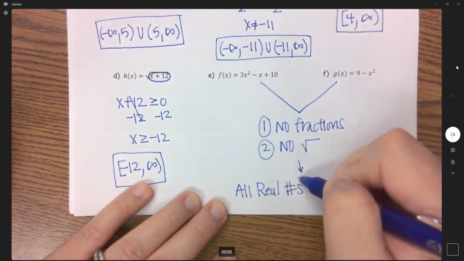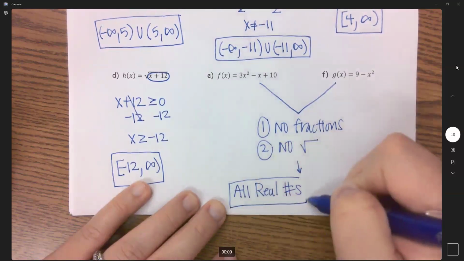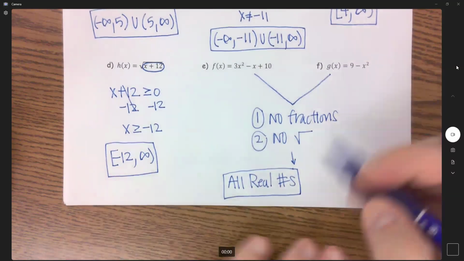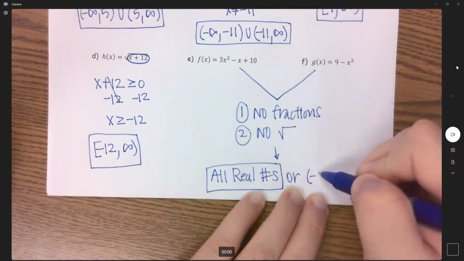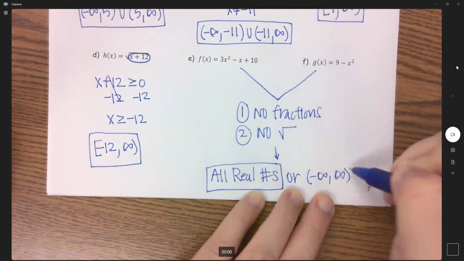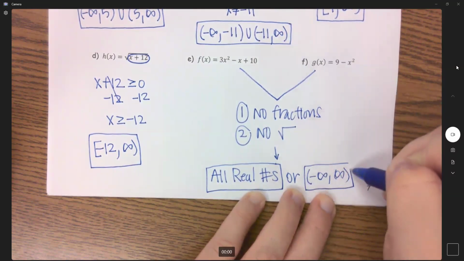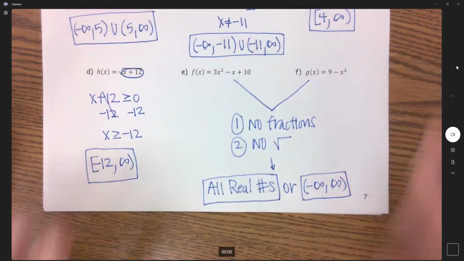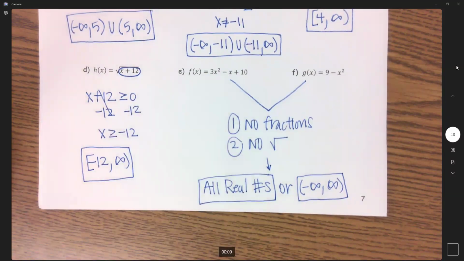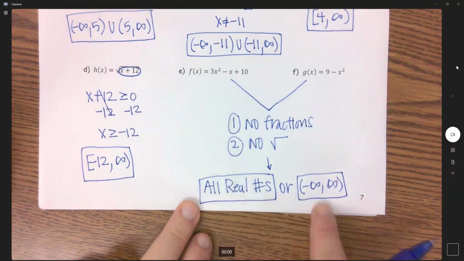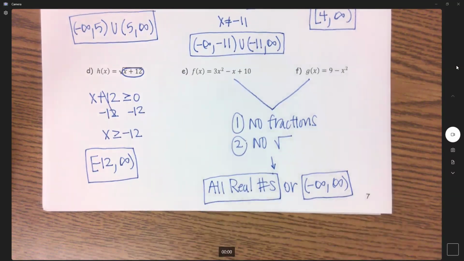Or if it wants it in interval notation, that is negative infinity to infinity. So when I have no fractions and no radicals, then my answer is all real numbers or negative infinity to infinity.